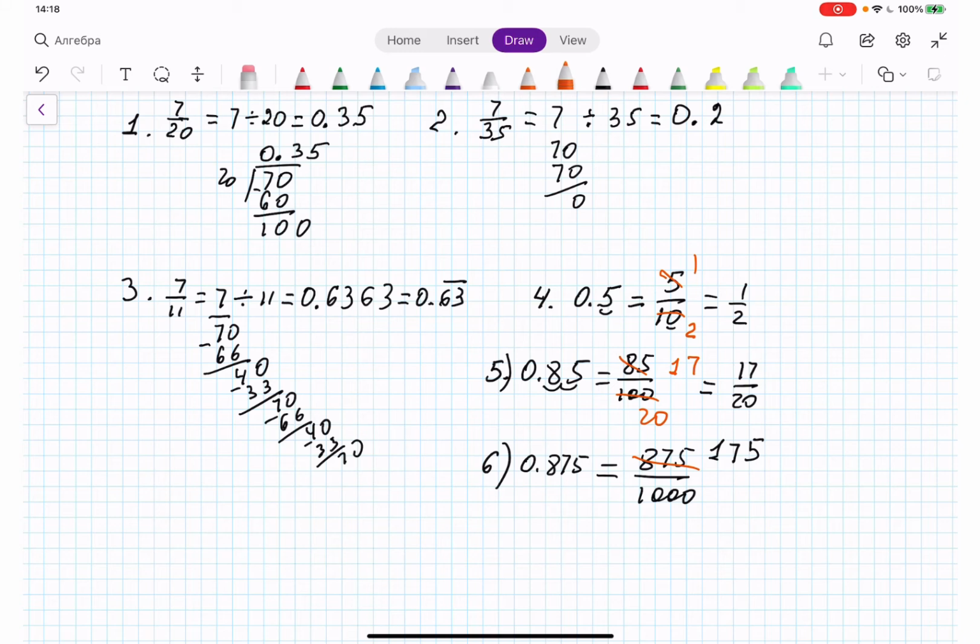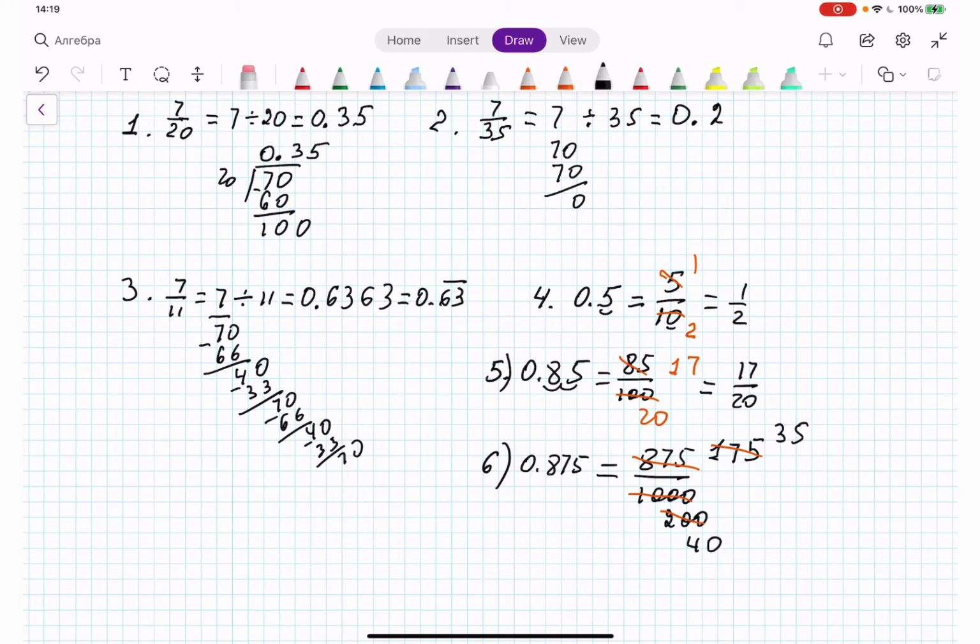Now 1000 divided by 5: 10 divided by 5 is 2, and these 2 zeros I'm adding. 200. Another 5, another 0, going again by 5. 175 divided by 5: 17 by 5 is 3 times, 15, remainder is 2, 25 by 5 is 5. 35. 200 divided by 5: 20 divided by 5 is 4, 0. 40.